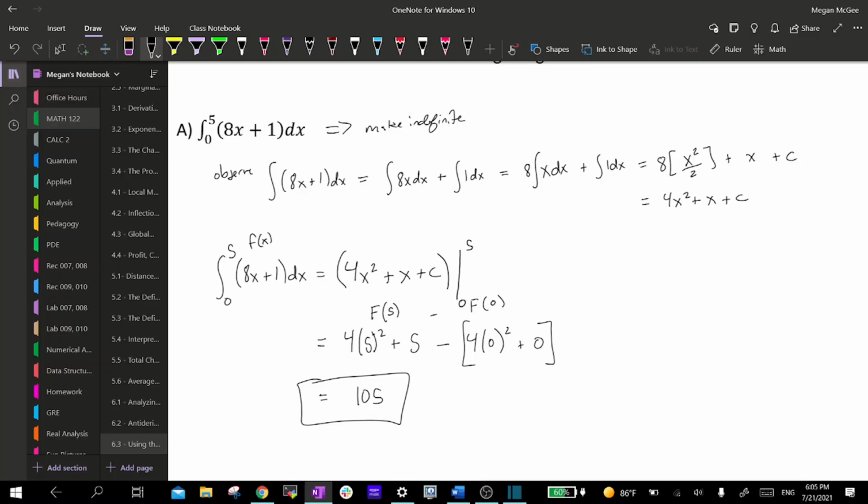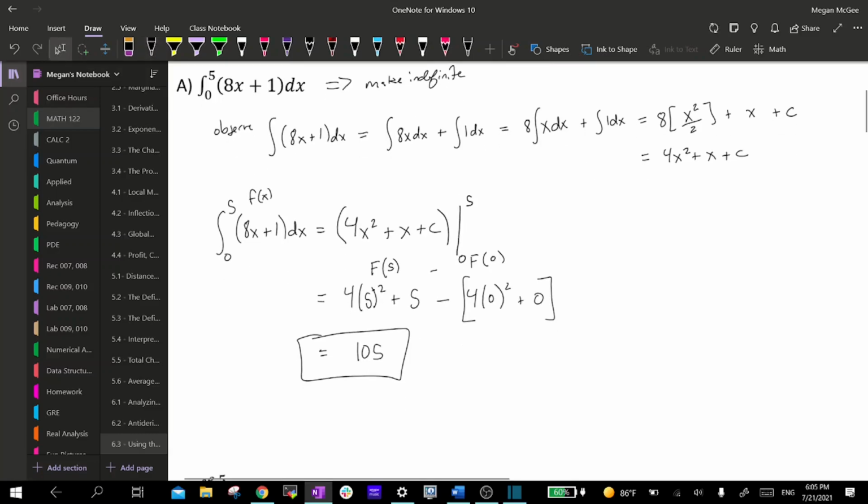When I went to evaluate F of 5 and F of 0, I would end up with plus c over here because the c would not be affected by a 5, and I would end up with plus c over here.